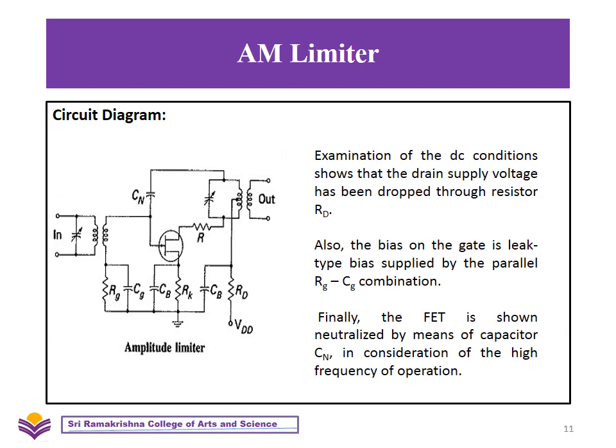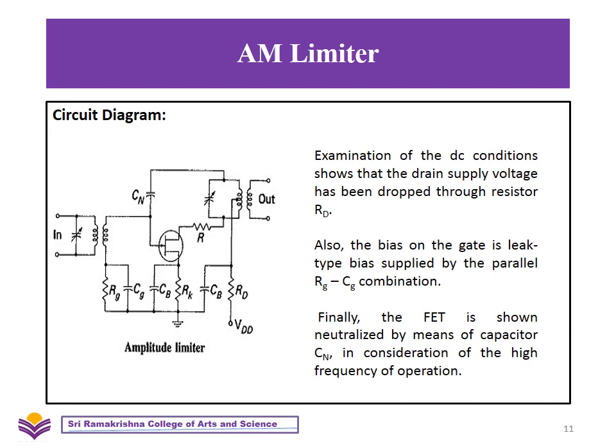Here I have given you a circuit diagram for the AM limiter circuit. In the circuit diagram, the input applied to the circuit will be an FM modulated wave. The FM modulated wave is applied to the primary of the transformer circuit. The primary of the transformer circuit will process the signal by using a magnetic flux and transfer it to the secondary of the circuit.